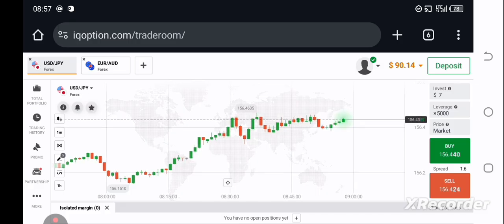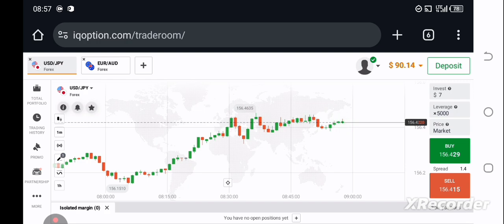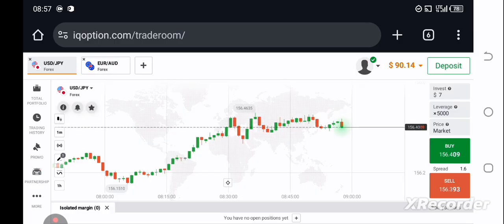So now what are you supposed to do? What you are supposed to do now is reduce your leverage. It's either you reduce your leverage or you reduce your stop loss. Since you are investing $7, you can put your stop loss at 100%.